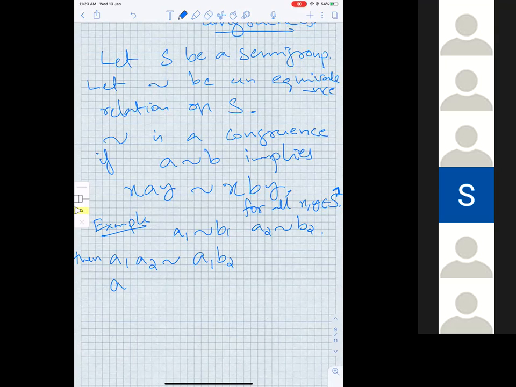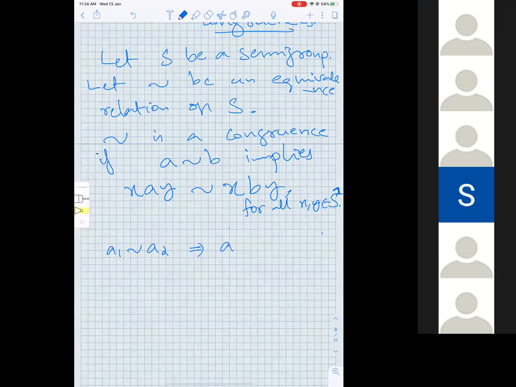So what does this mean? I hope it is clear what I mean. If, for instance, A1 tilde A2, then first of all A1 B tilde A2 B. This is given because I can take X to be 1 and Y to be B. Similarly, if A1 tilde A2, then B A1 tilde B A2.